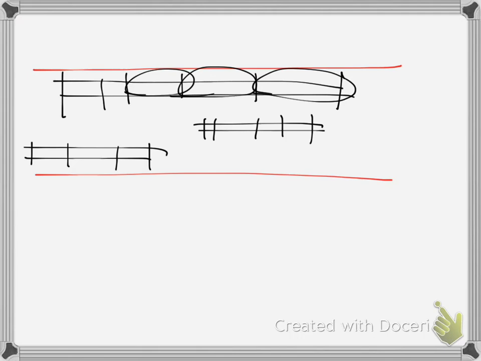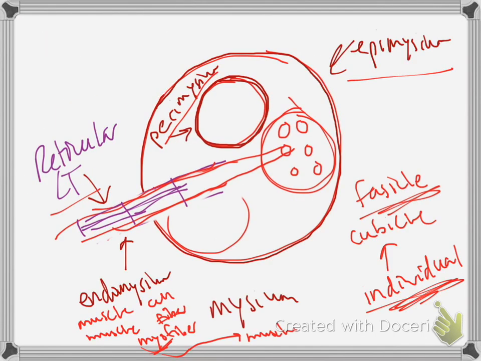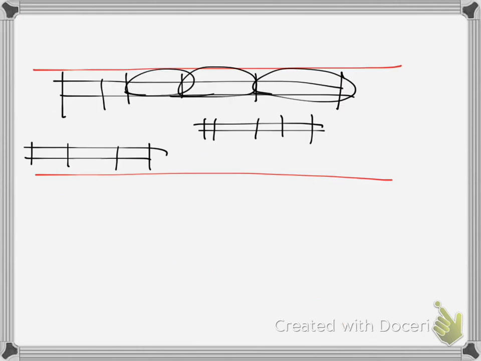But just so that you can see, I know I drew one back here. This was one myofibril in this skeletal muscle, but this skeletal muscle has hundreds of myofibrils within it. So myofiber has myofibrils.